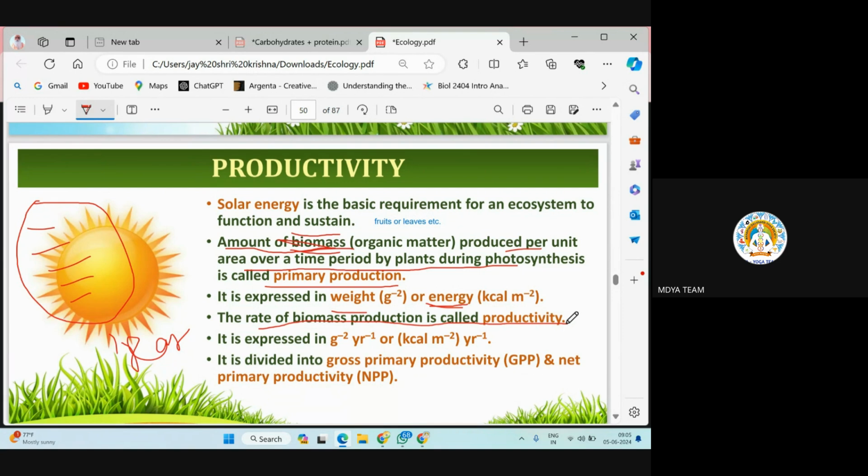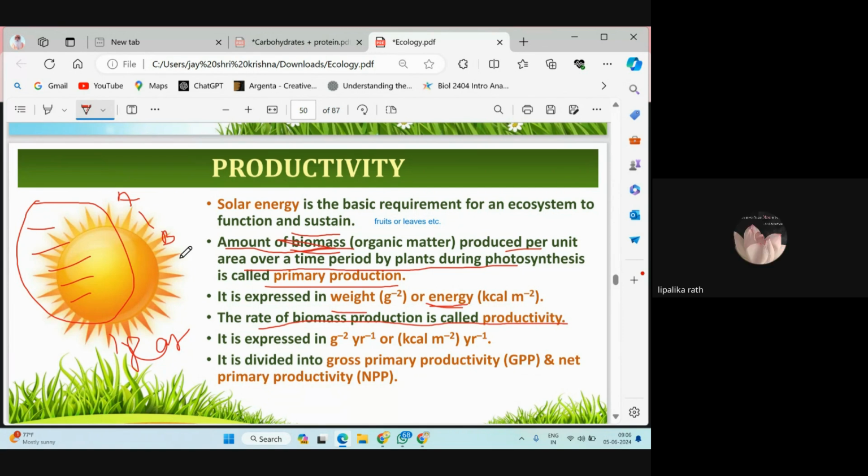Just like one is distance. Distance means how many kilometers you are covering if you are going from A to B. But how much distance you are covering per unit time, or the rate of covering distance, is what we call speed.